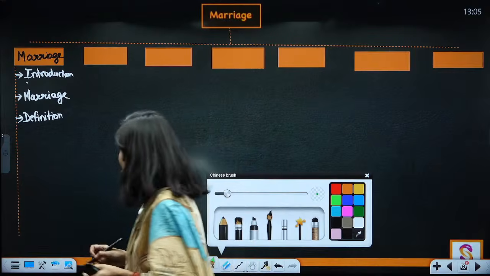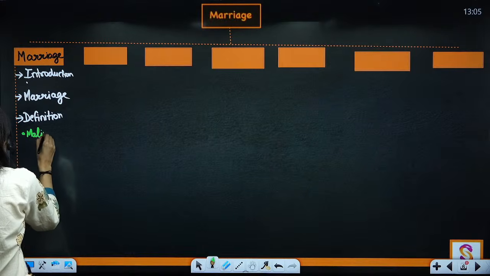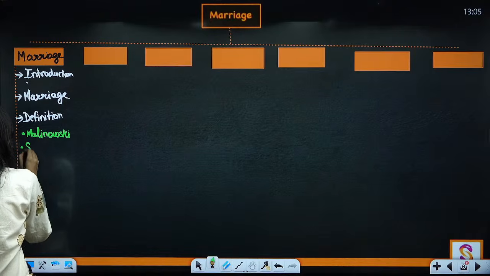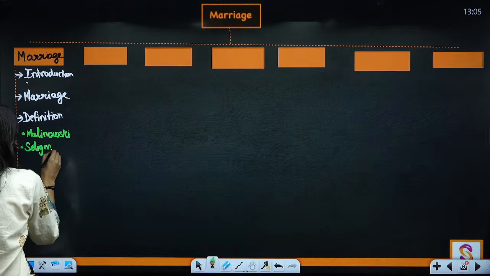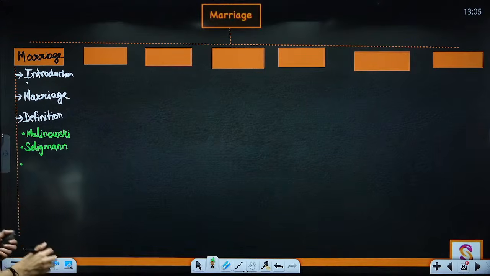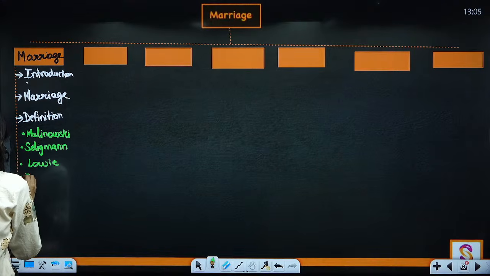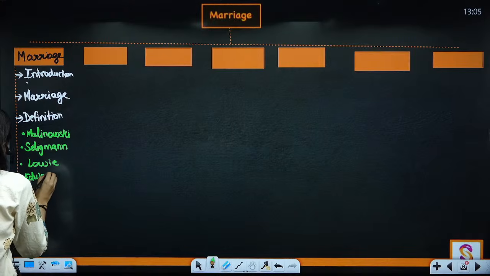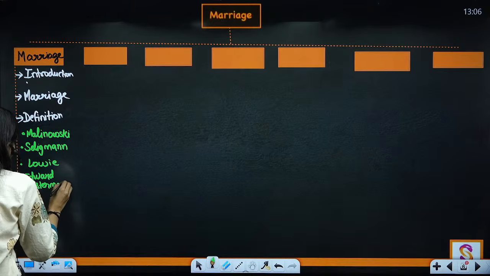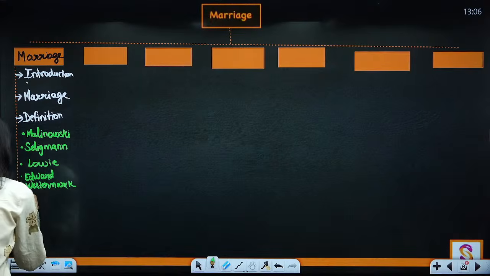So now let's start with the same. The first one is Malinowski. Second one, Seligman. Third one, Lowie. Fourth one, Edward Westermark. Next one, GP Murdock.